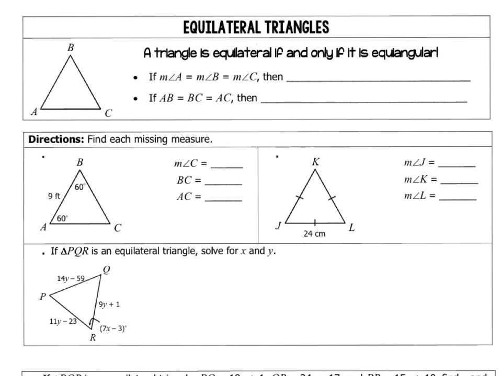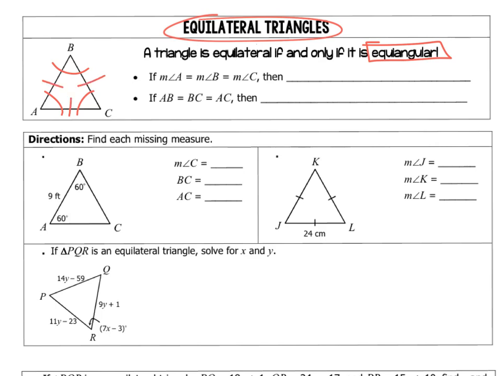Now we're going to take a look at equilateral, which we've already talked about a little bit in this lesson and previous lessons. So a triangle is equilateral if and only if it's equiangular. So what that means is equal angles. All the angles have to be the same. And if all the angles are the same, then all the sides are the same.